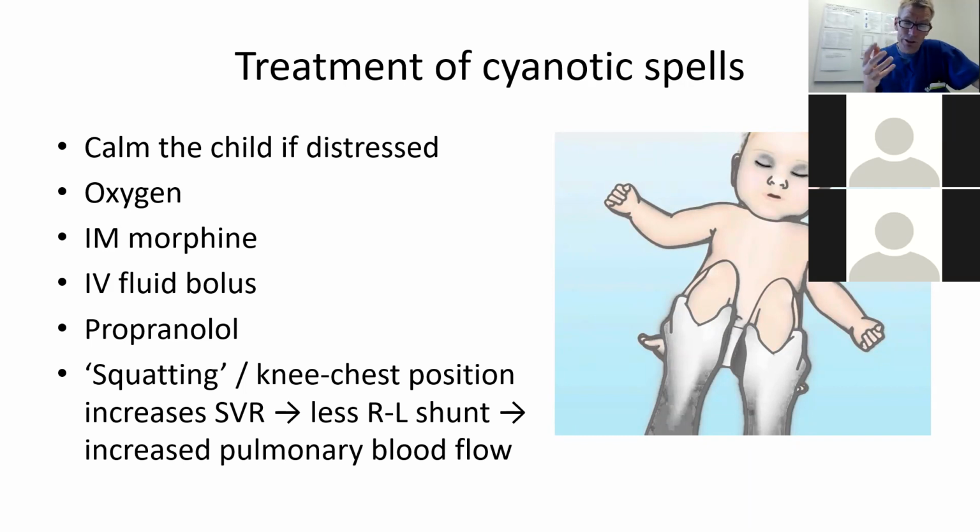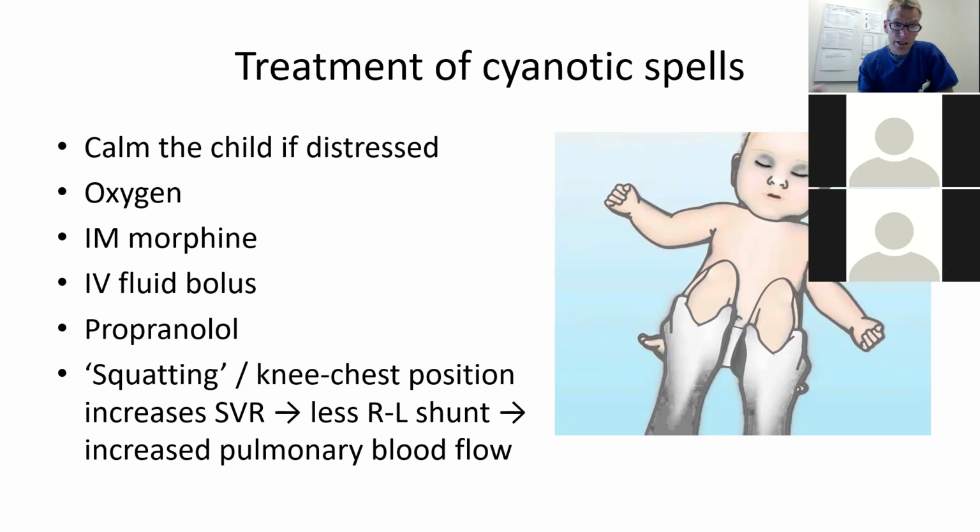But once the baby's a bit calm, then the oxygen has a chance to work. Sometimes they need an intravenous fluid bolus, so you need to put a drip in and give them a fluid bolus. But often you can get babies over their cyanotic spells by just calming them, by giving them a little bit of morphine or something to calm them, by giving them oxygen.